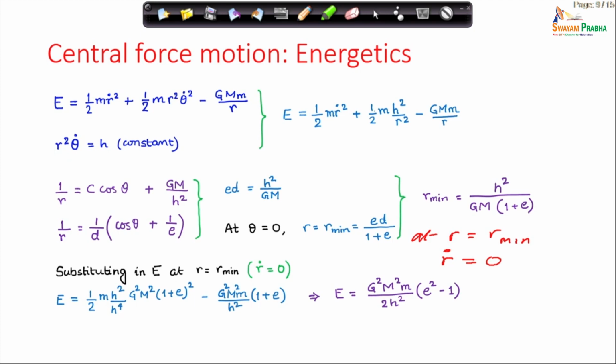The rest of the things you see are constant for a particle: the small mass m and the angular momentum per unit mass h. So this relates the energy, eccentricity and the angular momentum per unit mass h, and we can express E in terms of the other quantities.